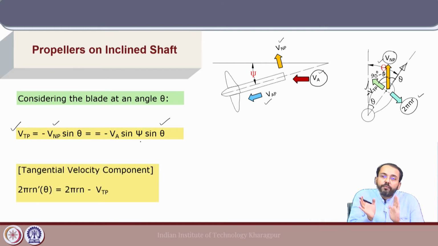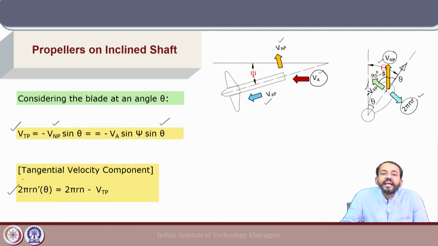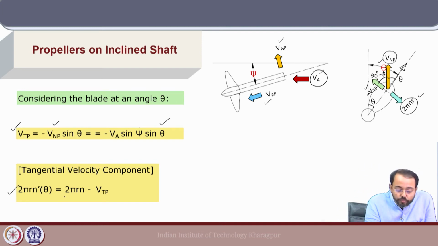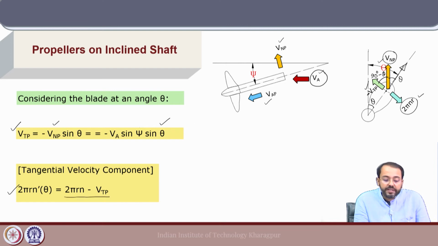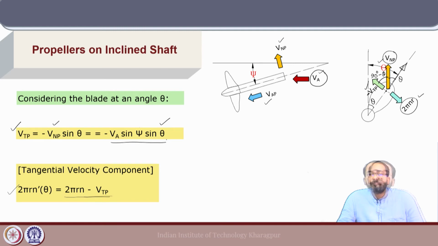Now, over one complete revolution of the propeller blade, the angle theta will change, but the angle psi is constant, which is for a specific inclination angle of the propeller shaft. So, the tangential velocity at any radial location on the propeller blade will be 2 pi Rn minus Vtp, where Vtp is given by this expression.